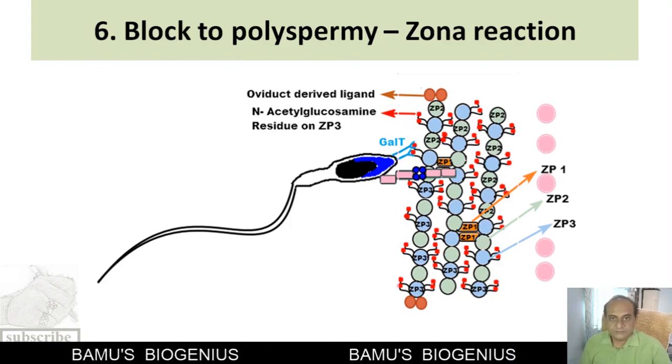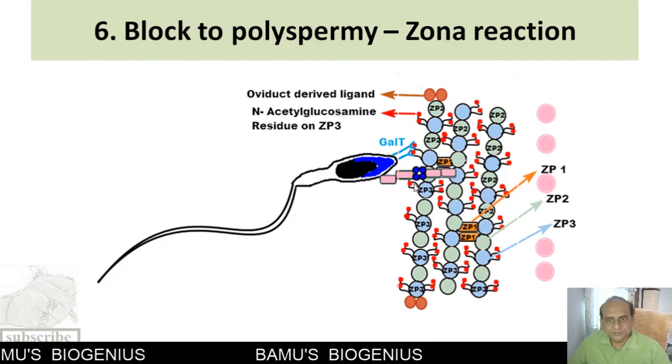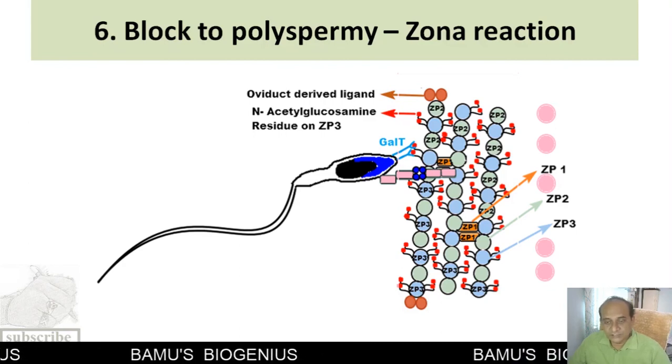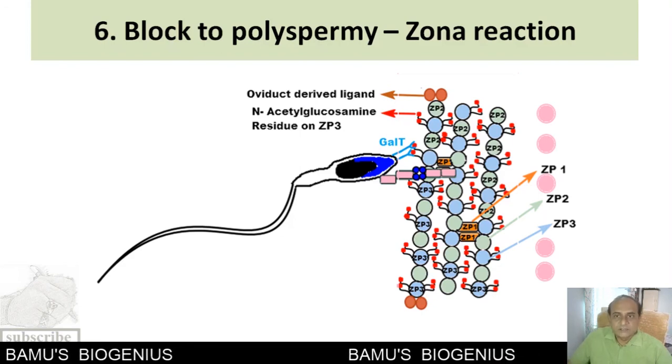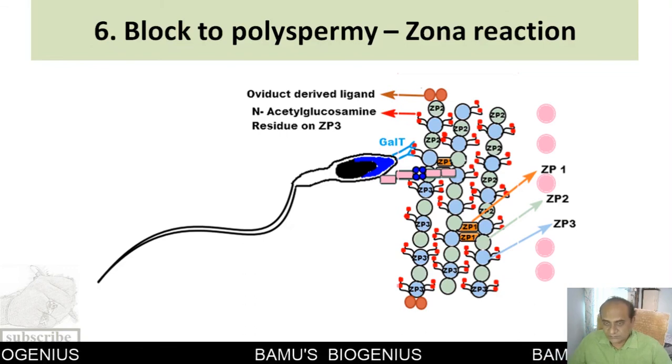In case of mice, and in humans also, when the membrane fusion takes place, the other sperms are not allowed to enter the egg or fuse with the egg plasma membrane. This mechanism is known as block to polyspermy, and it prevents the entry of more than one sperm inside the egg cytoplasm.